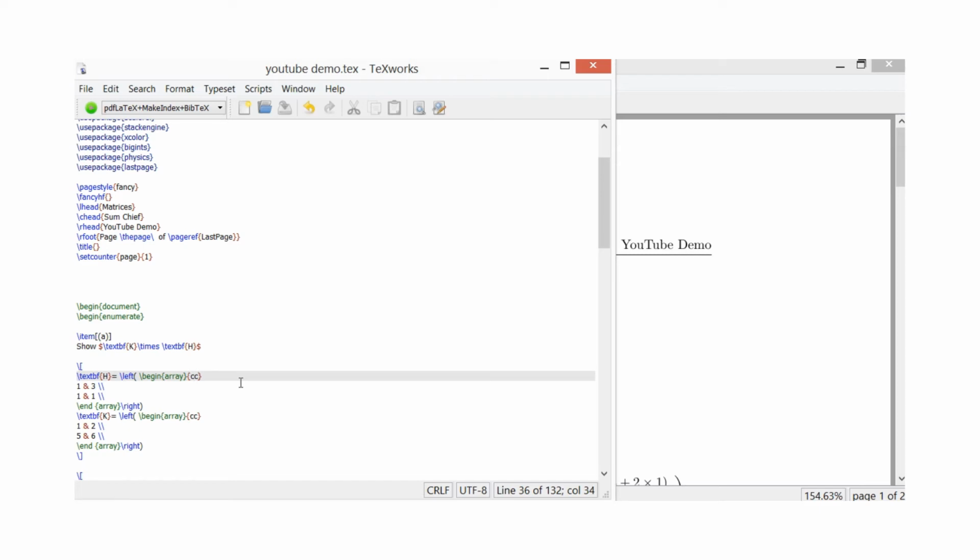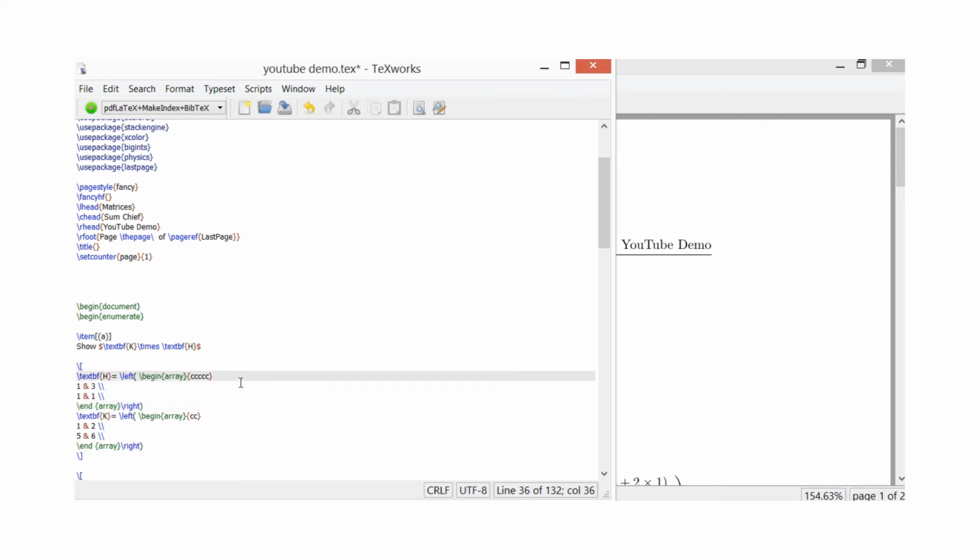So if I would have put 3 c's in there, that means I would have had 3 columns. So if I'd have gone like this, 3 columns, this would be 4 columns, that would be 5 columns. And then down here, the next line, I've got 1, ampersand 3, and then double backslash to start a new line, and then 1, ampersand 1, and double backslash. And then as always, when you have your green mathematical functions, backslash end, curly braces, array, and then again to close off the bracket, because here I've got the left parenthesis, I've now gone for backslash right, and then the parenthesis closing it off there.